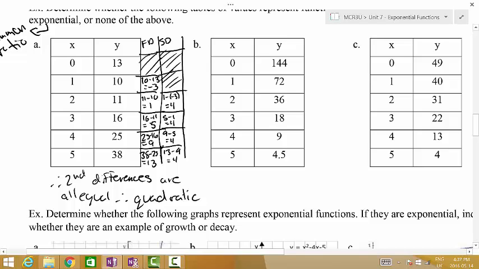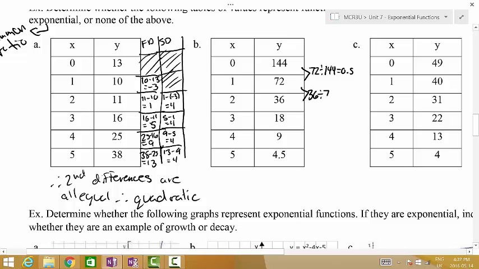For this next one, you could do first and second differences. What we can see is that if we do 72 divided by 144, we get 0.5. So that means that 144 times 0.5 is 72.